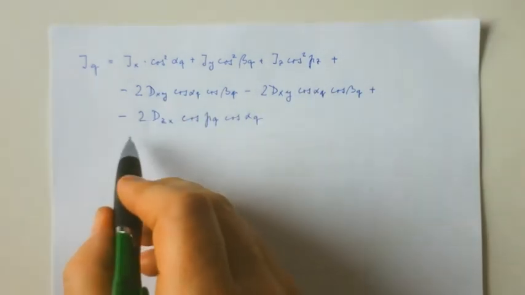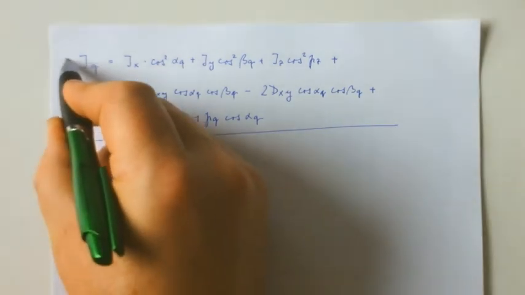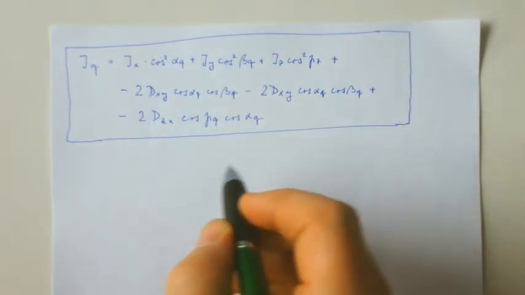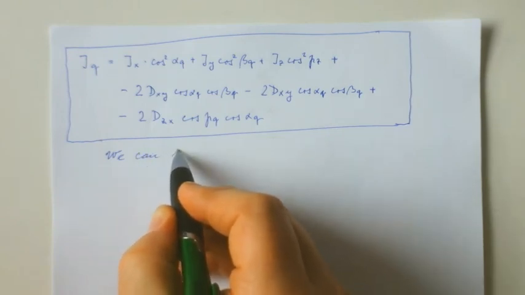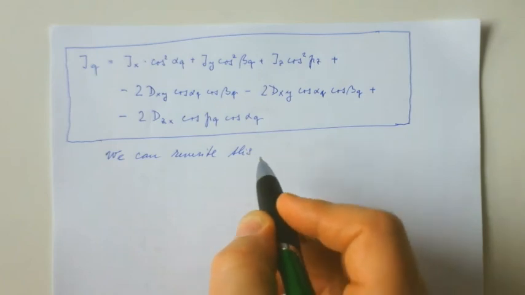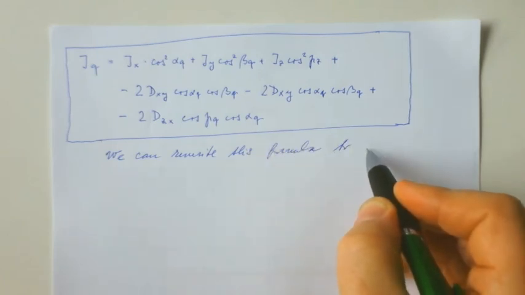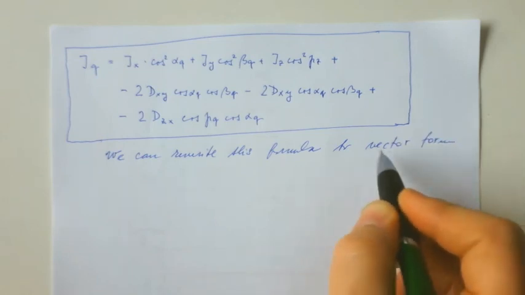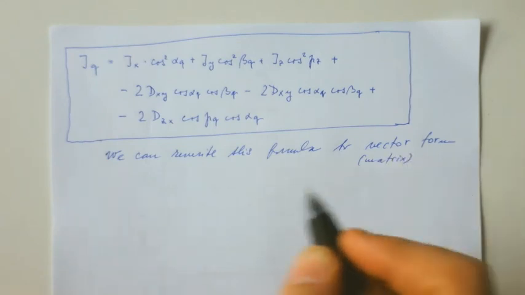So this is the final formula, and we can rewrite it to vector form or matrix form.